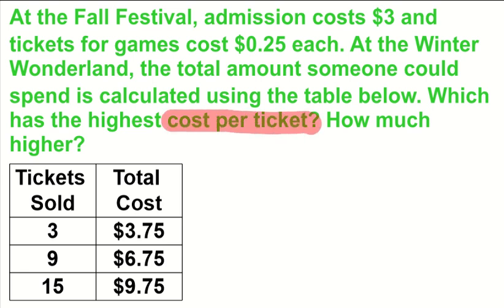So we're looking at the cost per ticket. That's slope. We've got per in there, right?